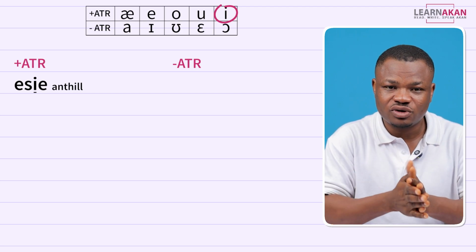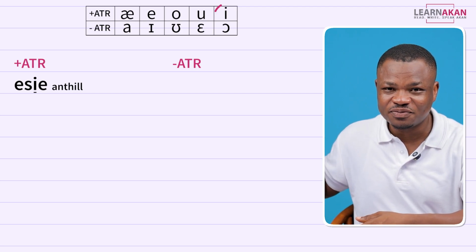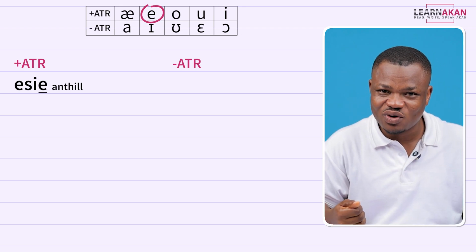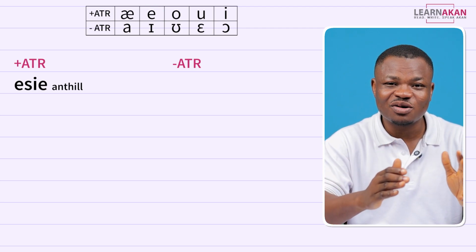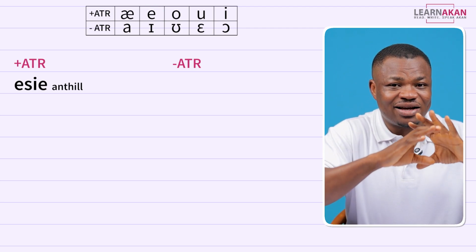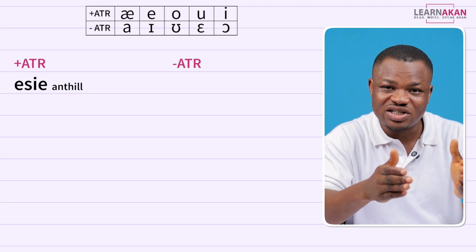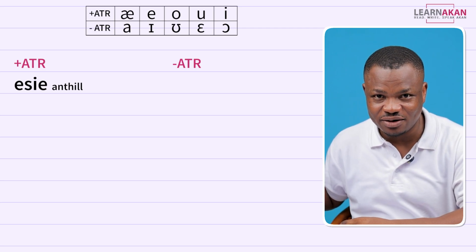So we have E, and this is in the plus ATR set as well. And finally, we have A again, which is same as the first one, also from the plus ATR set. So we can say the vowel sounds in this particular word are in perfect harmony, right? Because all the vowel sounds here belong to the same set, which is the plus ATR set, okay?